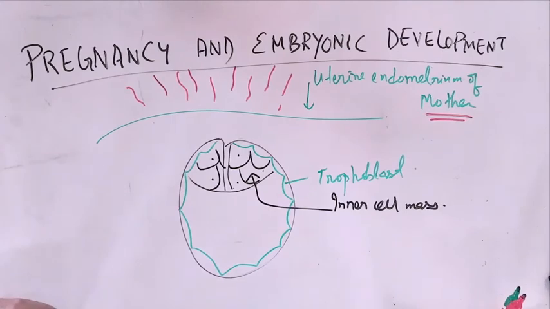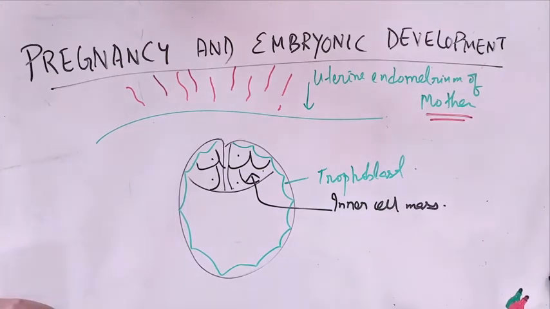When the zygote is formed, we cannot yet say that the girl or the lady is pregnant, only after the implantation. Okay, then we can say that she is pregnant. How? Well, let us see. The zygote comes and then it is implanted in the endometrium of the uterus of the mother.